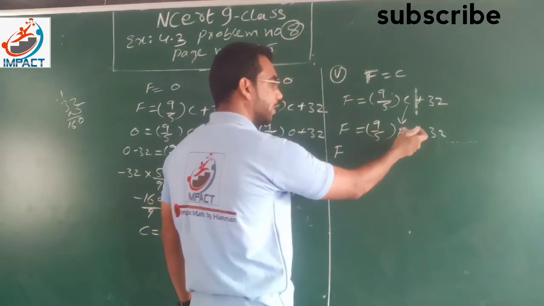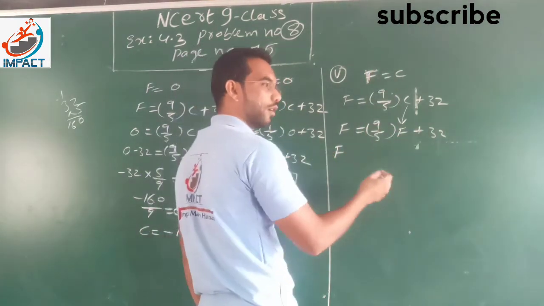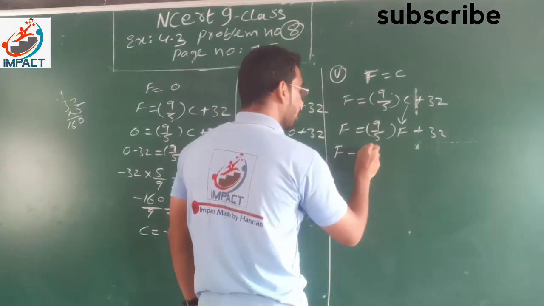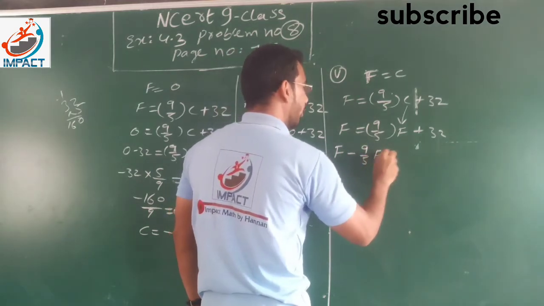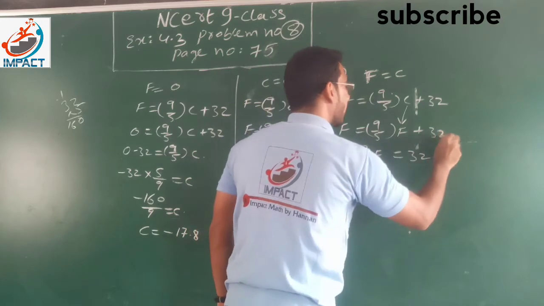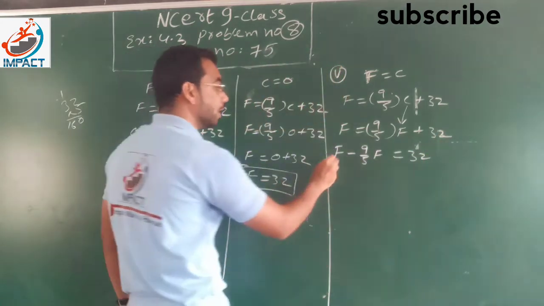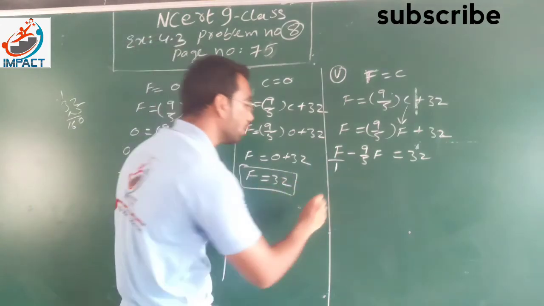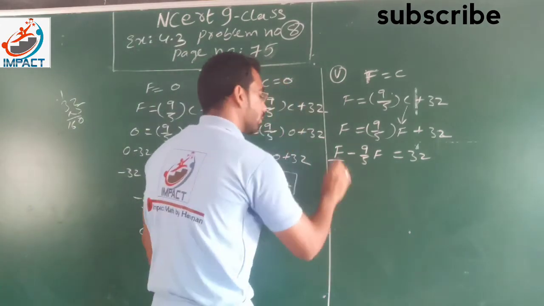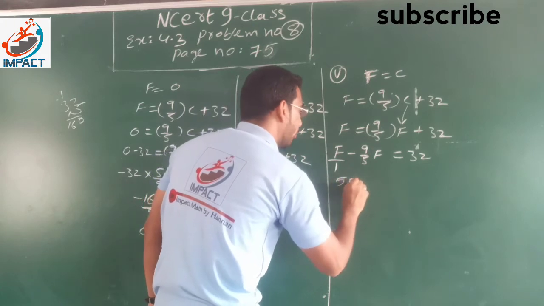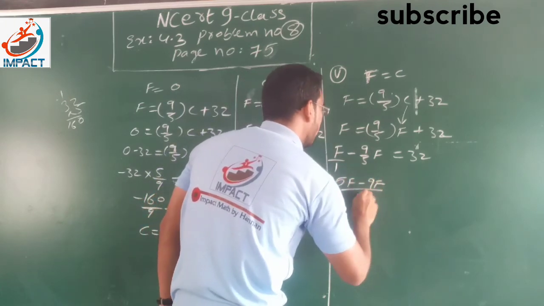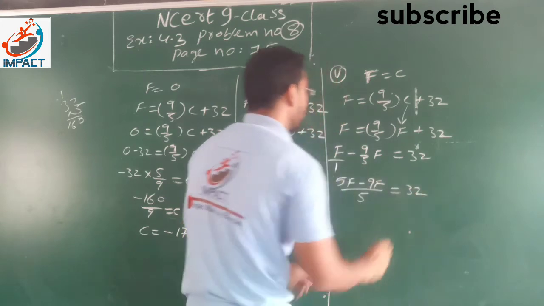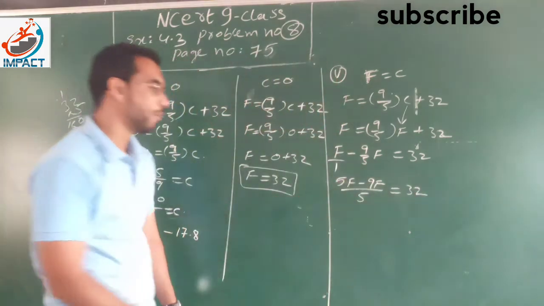Now take F towards the left hand side: minus 9 by 5 F equal to 32. Now it is an unlike fraction. First we will convert the unlike fraction to like fraction. So 5F minus 9F by 5 equal to 32. 5F minus 9F, how much will it be?